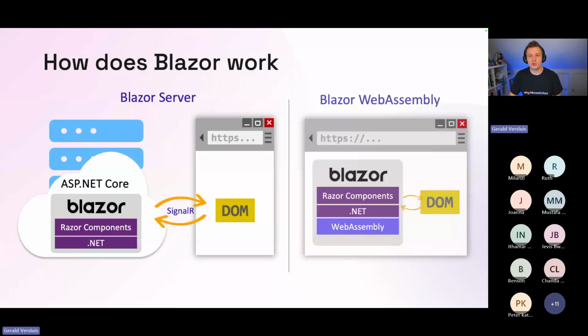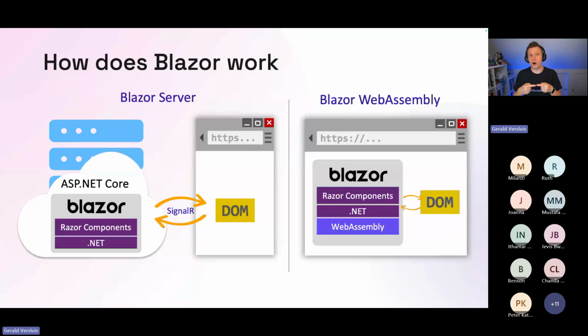And we have two variations that it started out with. I need to update these slides actually. We had Blazor Server and Blazor WebAssembly. Blazor Server is more like your traditional application where the heavy lifting is done on a server on the internet, and your application runs there. And in your browser, it's a single page application, right? So it only updates portions of your application.